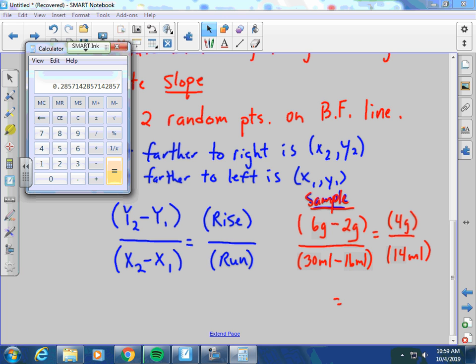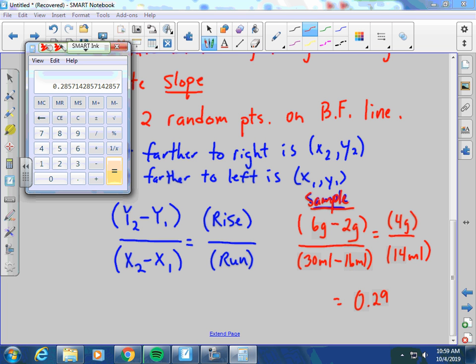When the next digit is 5 or higher, I round up. If the next digit is 4 or less, I keep it where it's at. So I would call this 0.29. The approximate slope of that best fit line I drew would be 0.29.